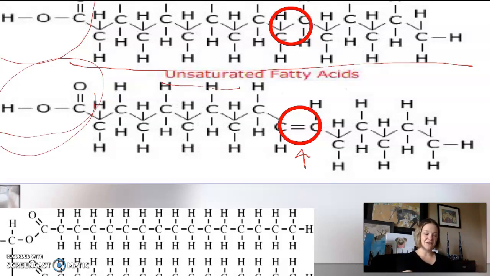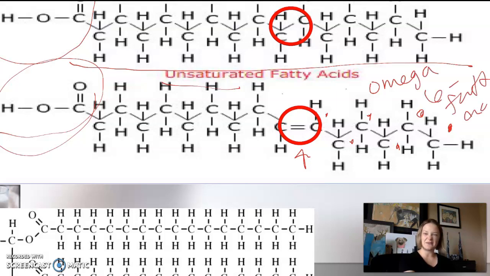And then what's even more interesting, if we count back from here, so here's 1, 2, 3, 4, 5, 6. Do you see how that double bond is 6 from the end? On a food label, they would call this an omega-6 fatty acid, which is what's found in fish oil. An omega-3 fatty acid would have the double bond kind of coming off the third one.